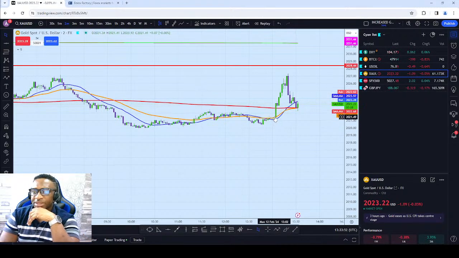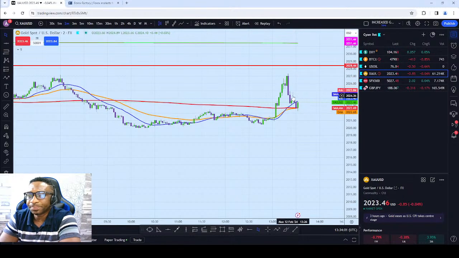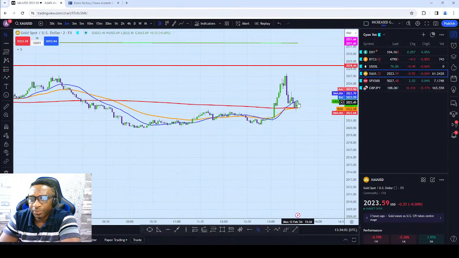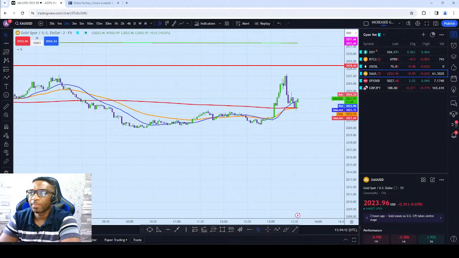With these same buyers who came here, if they are still in the market, there's a likelihood of pushing it further high. So at this point, I think I could possibly take a position here.